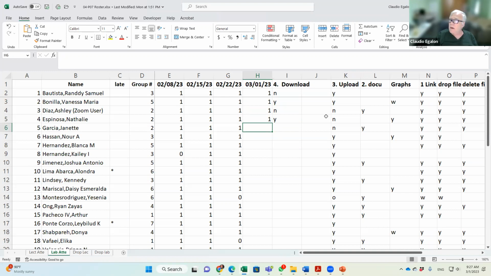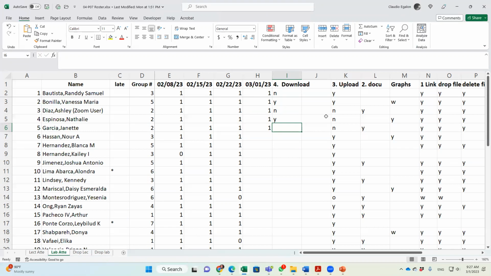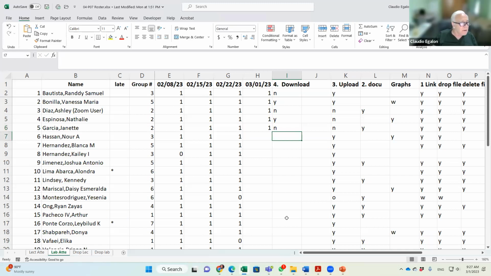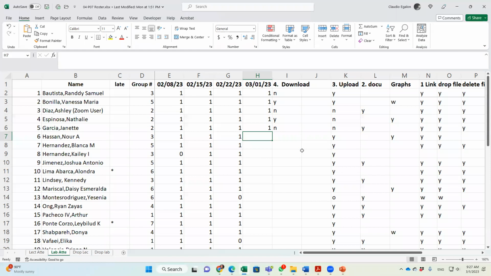Jeanette Garcia, are you there? I'm here. Do you see the file there in your group folder, Jeanette? I don't see it. I only see the last one. That's strange. Let's find out. Refresh the screen or reboot your computer, I do not know. I'm refreshing the screen, but it's not showing up.